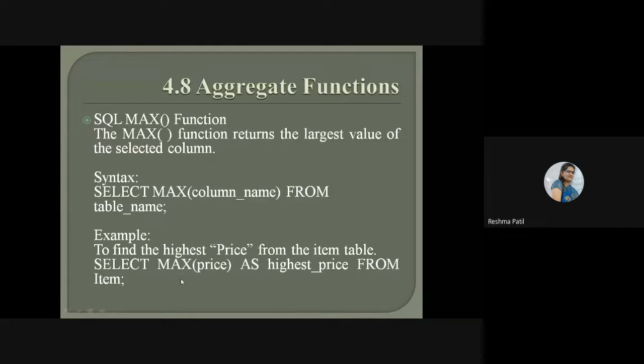So if there are 10 records and one item value is 105, you will get that as the output, the largest value. Other values are less than 105, so you will get only 105 as your result under the column header highest price.